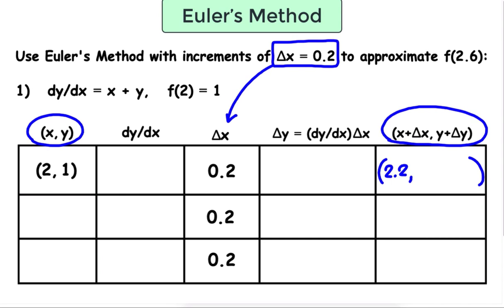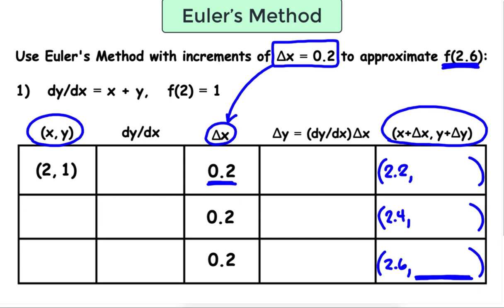I don't know what the new y-coordinate is. The reason I know that is I keep adding 0.2 on every time. That's the delta x. I know that this is going to be 2.4. And then below it's going to be 2.6, which is what we're trying to figure out. And the answer will be right here, the y-coordinate, f of 2.6.